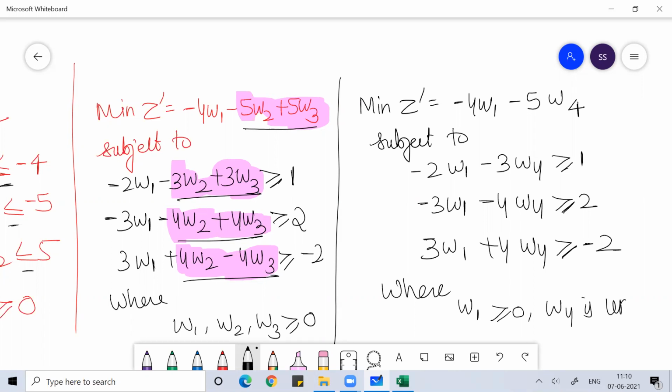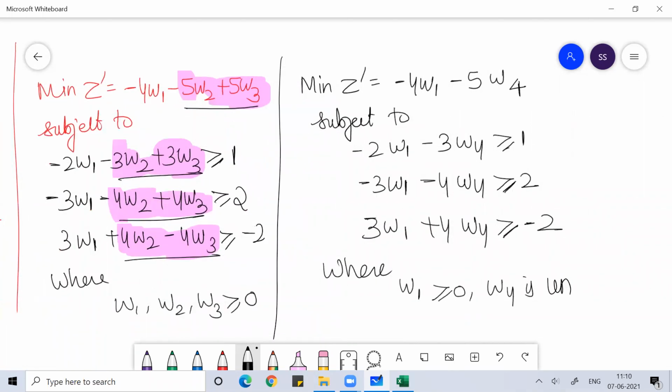W4 is unrestricted, where W4 is equal to W2 minus W3.